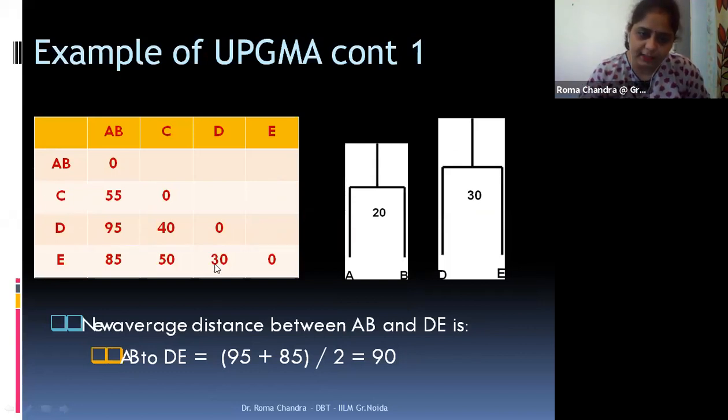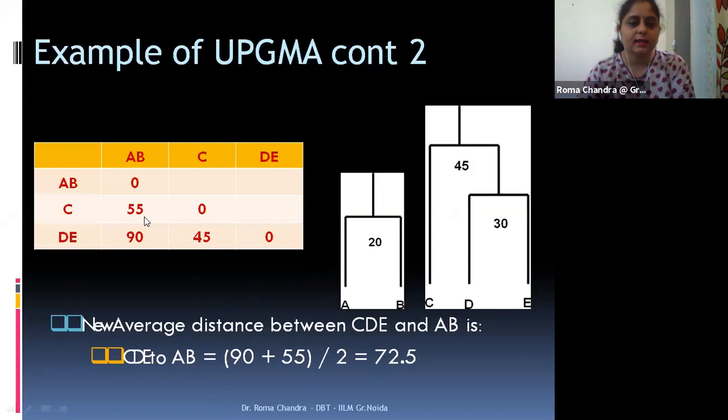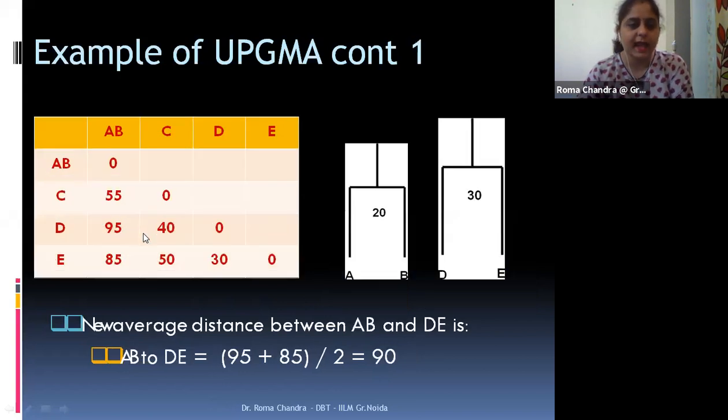I merged both these rows D and E, averaging the distance 95 plus 85, which gives 90, because 95 plus 85 is 180, divided by 2 is 90. And when I added 40 plus 50 divided by 2, it went to 45. I took these values because I constructed my tree, that is the relationship between D and E.